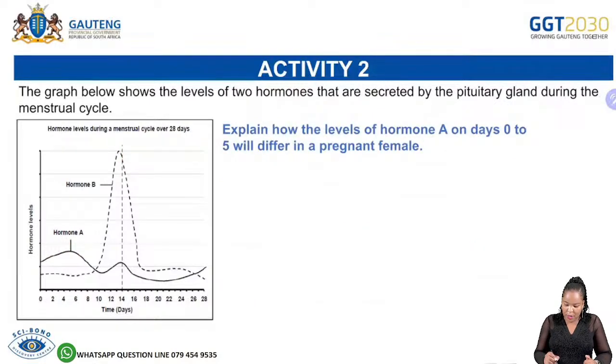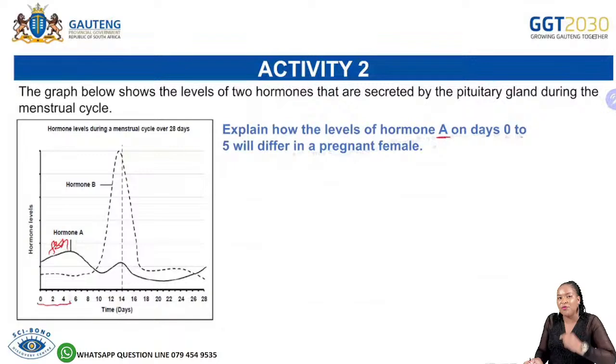Then explain how the levels of hormone A on days 0 to 5 will differ in a pregnant female. So here, hormone A, FSH. If you are pregnant, do you still want follicles to be developing?